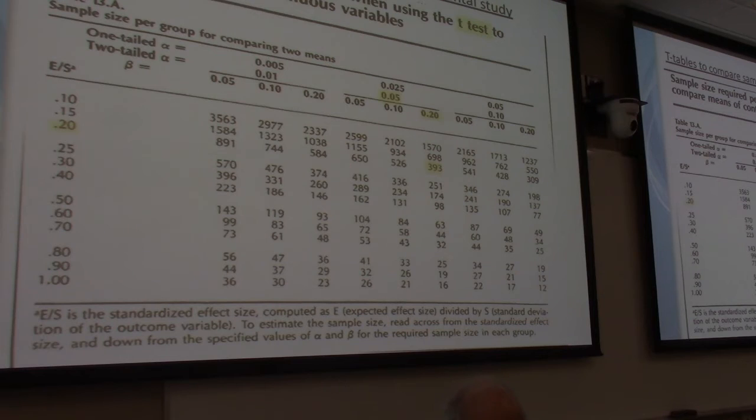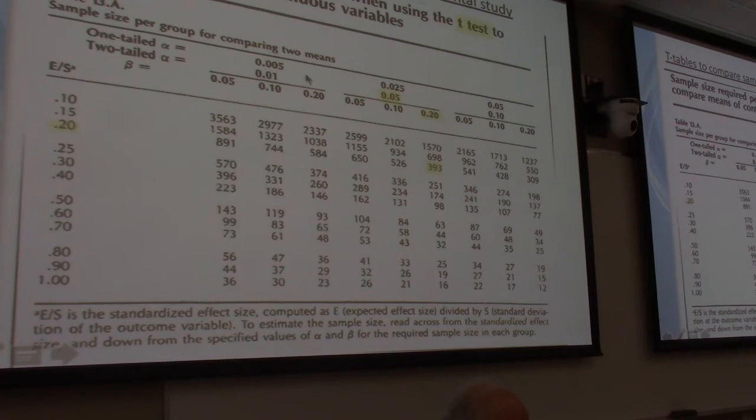Those tables I circulated, which are from the Designing Clinical Research book, make it very easy to do simple calculations. So I'm first going to show you how to do it that way. Our effect size, expressed as a standardized effect size, is 0.2. So that's 0.2 liters over the standard deviation of 1.